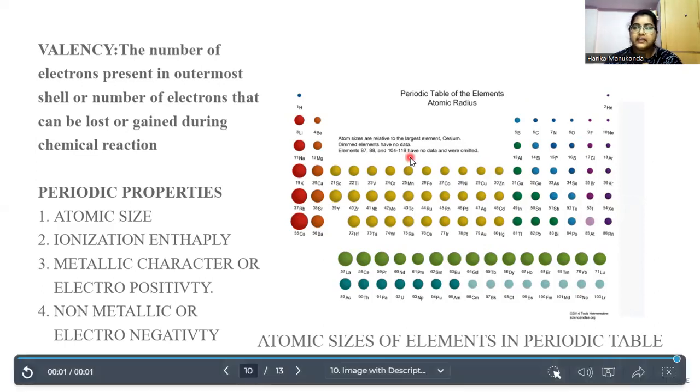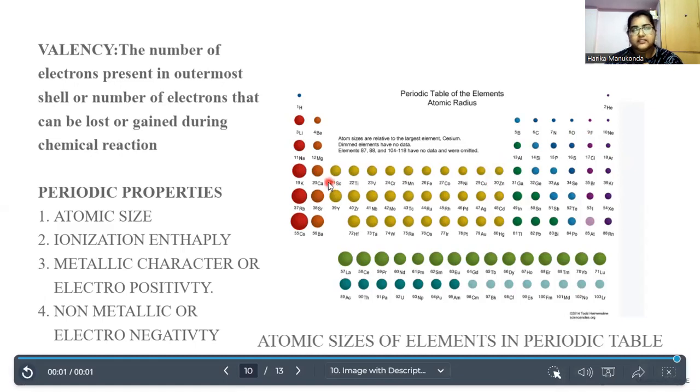So these elements will try to lose electrons, and some elements will try to gain electrons. In either gaining or losing, they want to obtain a stable octet configuration like noble gases, because they want to stay stable. In the same way, valency means the number of electrons present in the outermost shell.